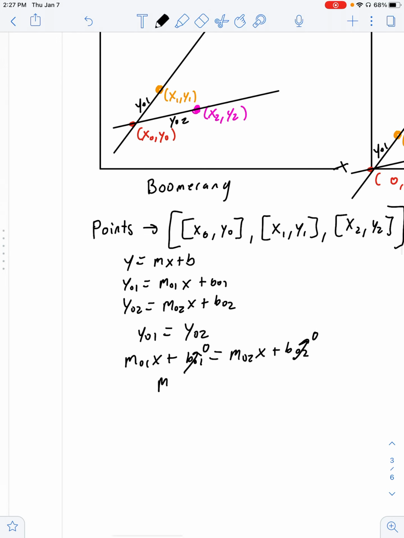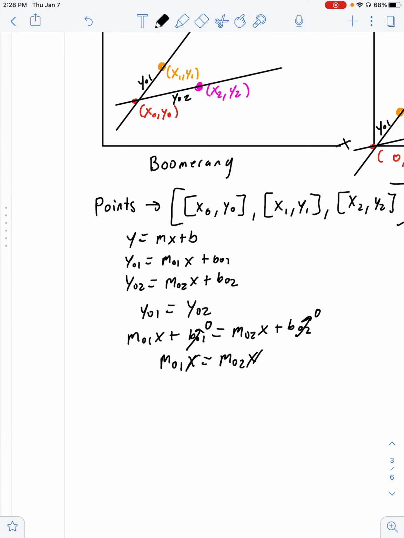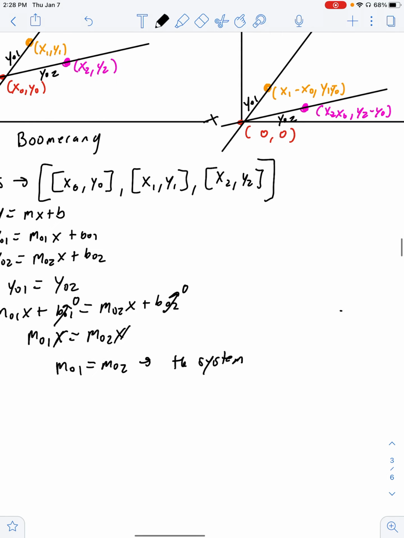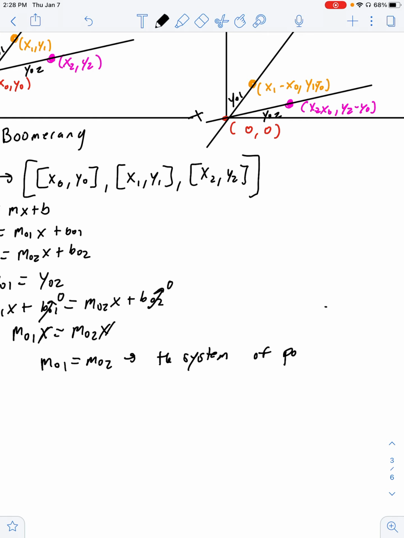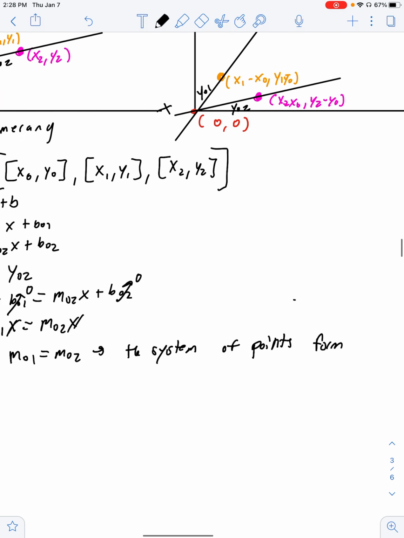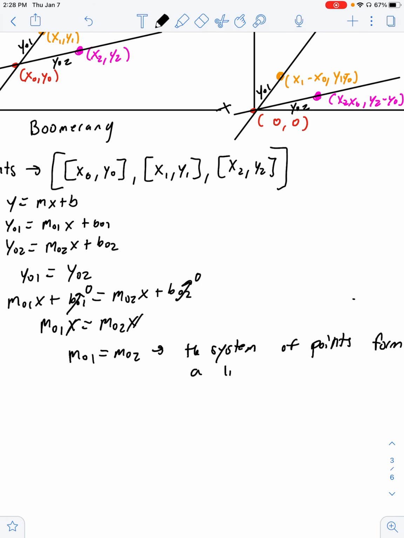So then if m01x equals m02x, then the system points form a line, or we can cancel out these x's. If m01 equals m02, then the system of points forms a line.